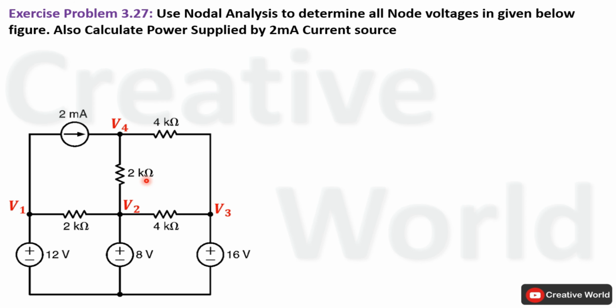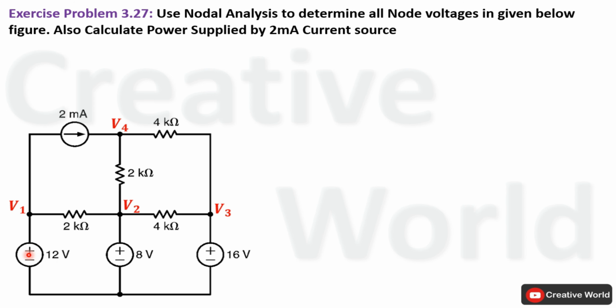Before we proceed further, if we observe, voltages on node 1, node 2 and node 3 are given in the form of voltage source. This voltage source is connected between node 1 and ground node. So whatever the value of voltage source will be, same voltage will be appearing on node 1 with respect to this reference or ground node.